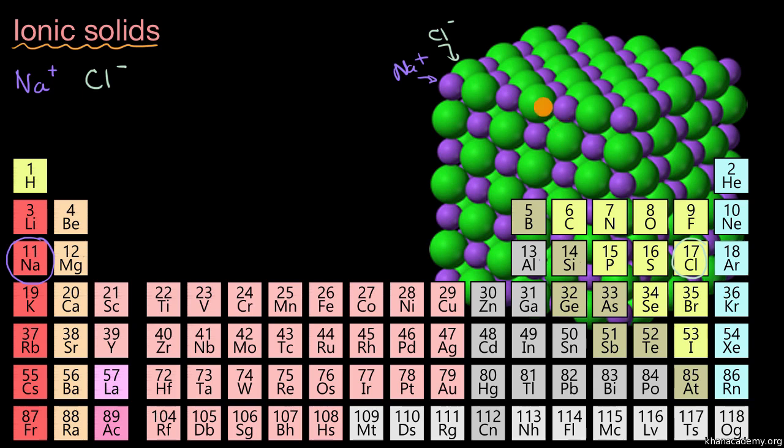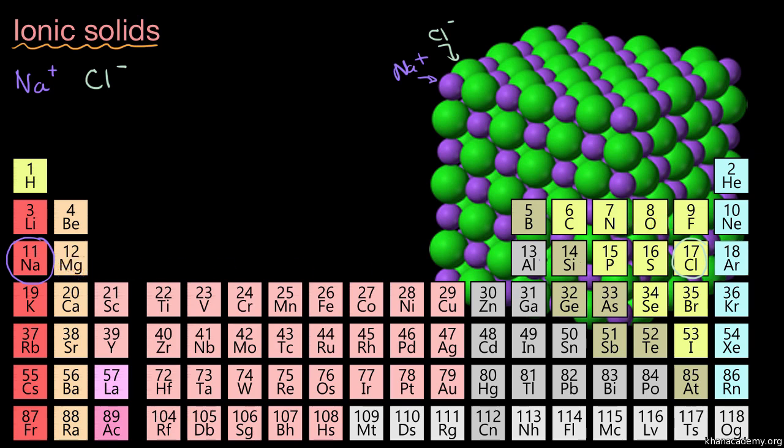But there's many other ionic solids. Many of them would actually be categorized as salts generally. You could have a potassium chloride. You could have a sodium fluoride. You could have, for example, a magnesium oxide. What's going on there?